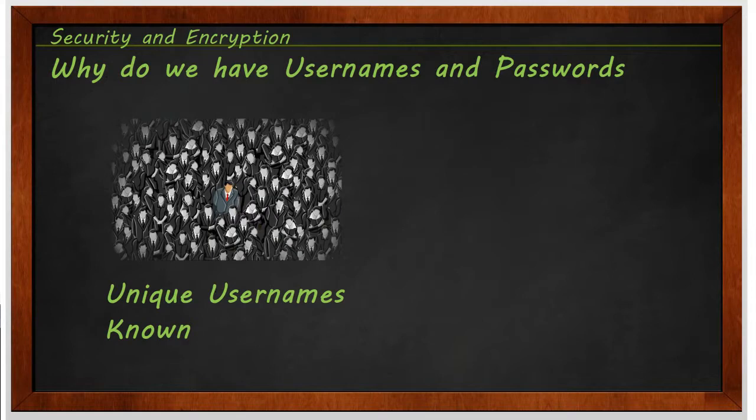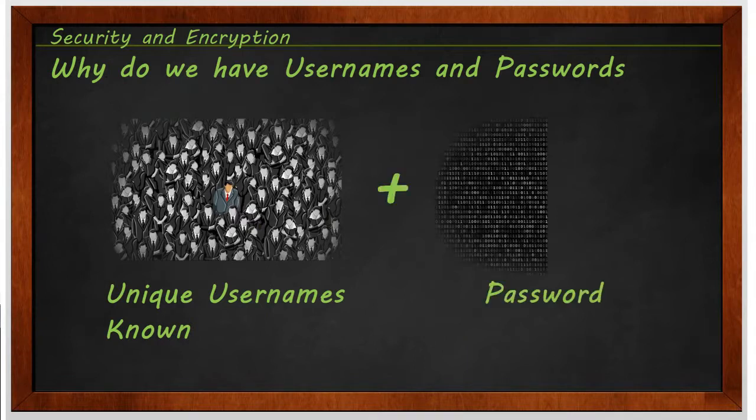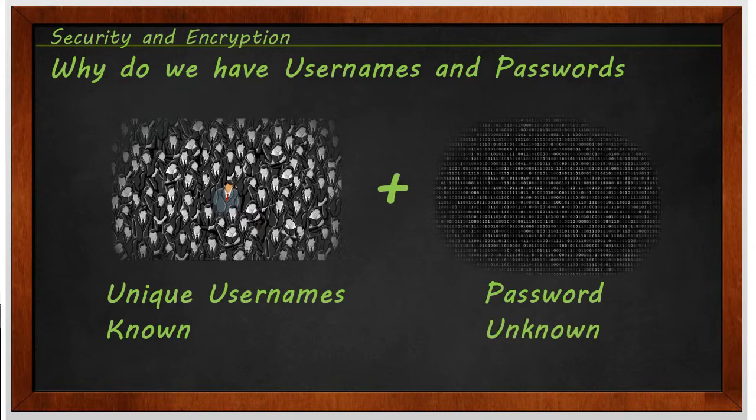They may be known by everyone, but only one person can have that particular username. And if we then marry that together with a password, which doesn't have to be unique, but it's unknown, the combination of the unique username and the not necessarily unique password together make a very secure way of logging in.